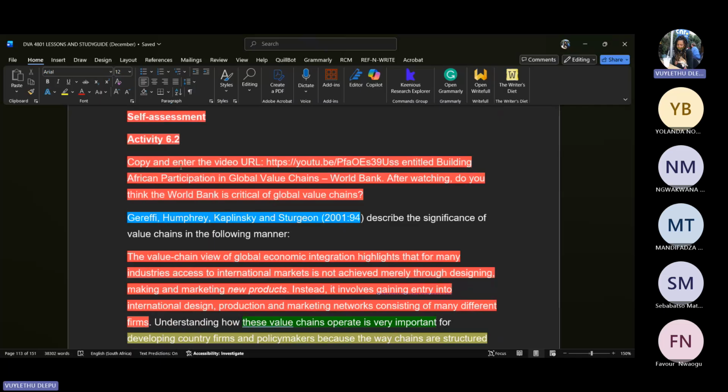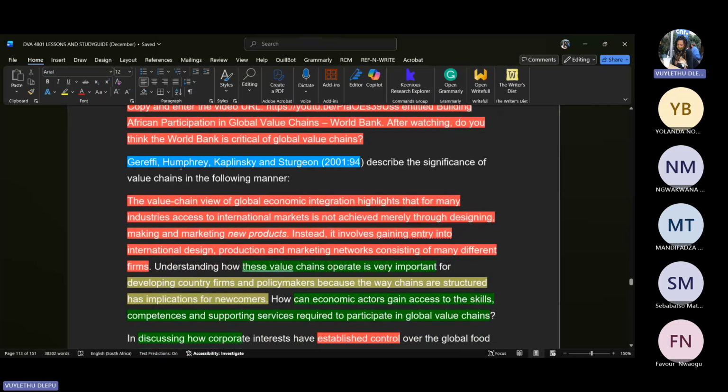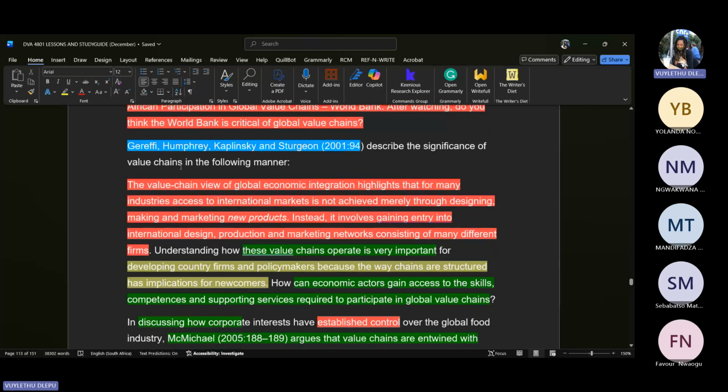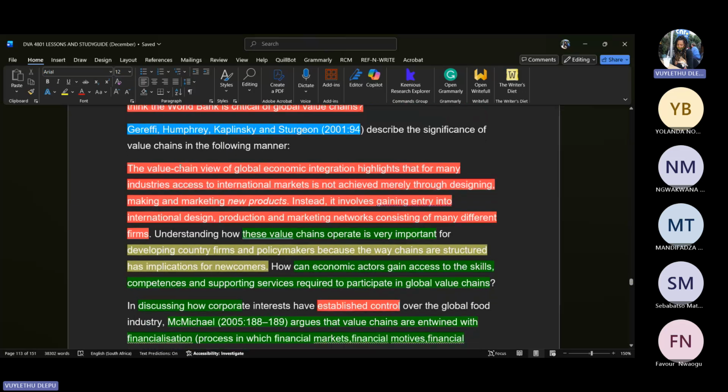Gereffi, Humphrey, Kaplinsky, and Sturgeon describe the significance of value chains in the following manner. The value chain view of global economic integration highlights that for many industries, access to international markets is not achieved merely through designing, making, and marketing new products. Instead, it involves gaining entry into the international design, production, and marketing networks, consisting of many different firms.